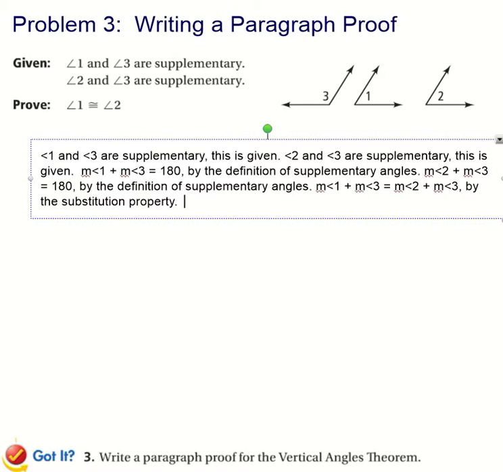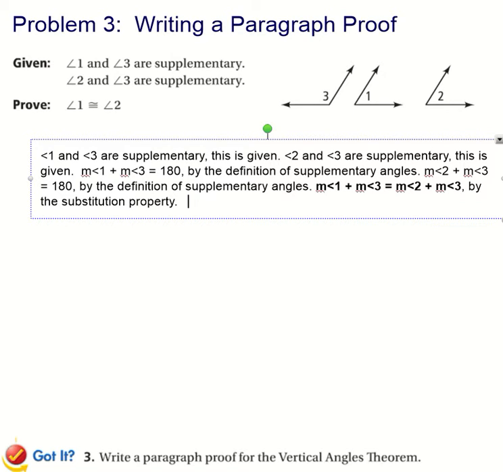Okay, so we know that so far. And then if we look at that, our goal is to get that angle 1 is congruent to angle 2. So if we can get that the measure of angle 1 equals the measure of angle 2, we're there. Here's our new statement right now: the measure of angle 1 plus the measure of angle 3 equals the measure of angle 2 plus the measure of angle 3. We've got a plus measure of angle 3 on both sides.